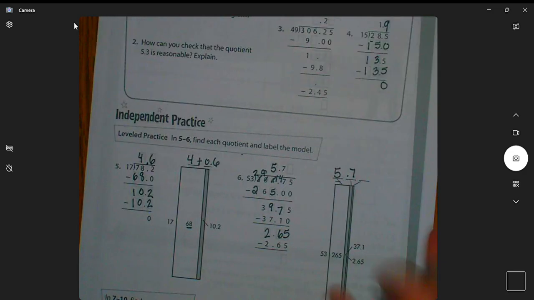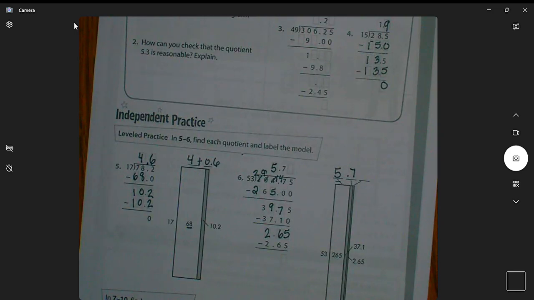Now, how close can I get 53 to 265, or 2 and 65 hundredths? How close can I get it? Can I get it exact?